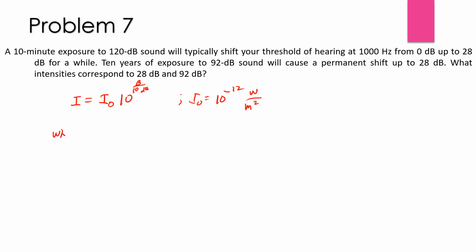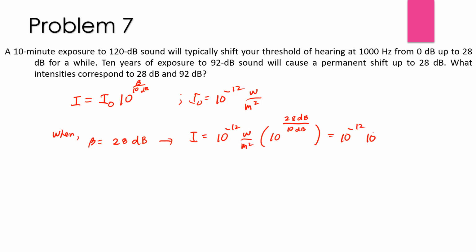So when beta is equal to 28 decibel, then the intensity I is equal to 10 to the minus 12 watts per meter square times 10 raised to the power of beta, where beta here is 28 decibel over 10 decibel. So we have 10 to the minus 12 times 10 to the 2.8. 28 over 10 is 2.8.